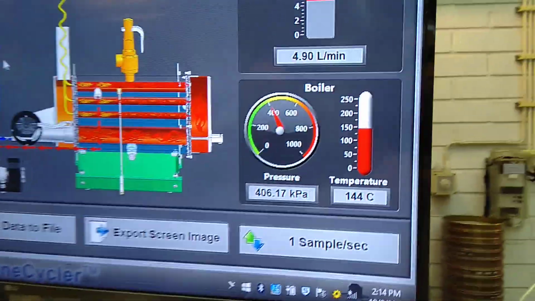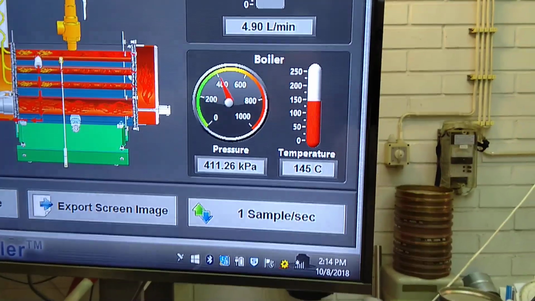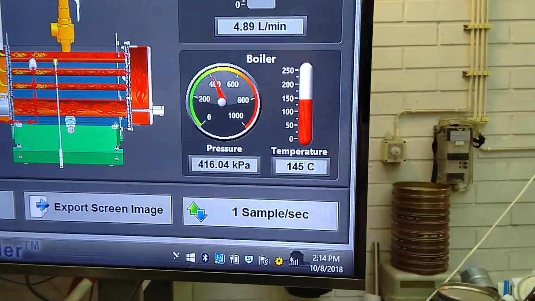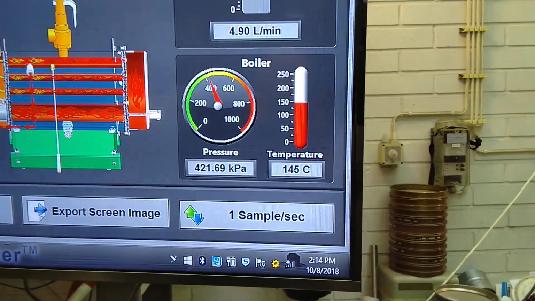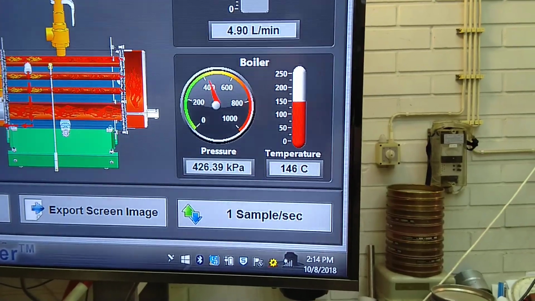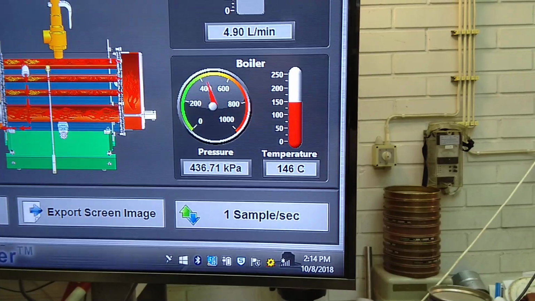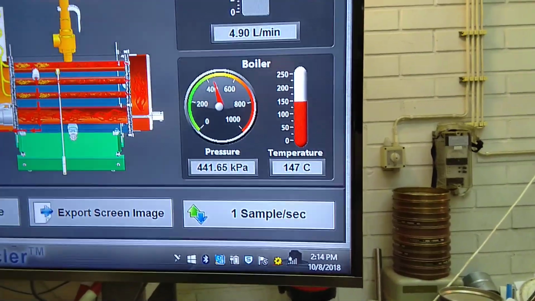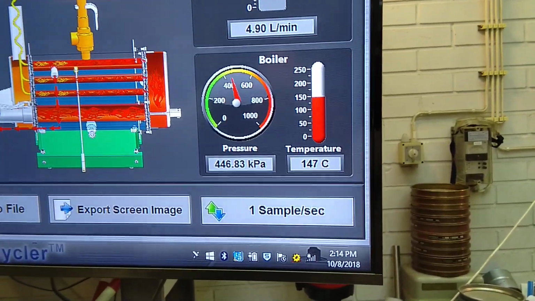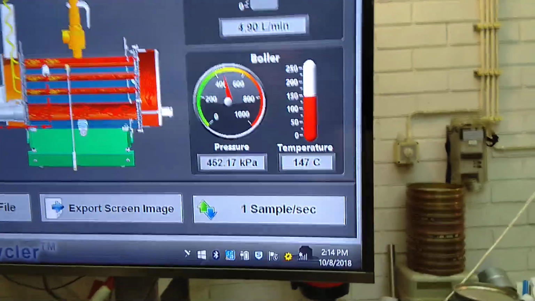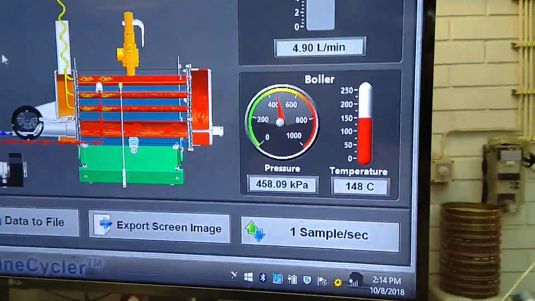So you have here both the temperature and pressure of the boiler, and you can see the temperature and the pressure both rising, and that's how we replace the pump in the continuous system in the power plant with our closed system here, and how we build up the pressure of the steam.